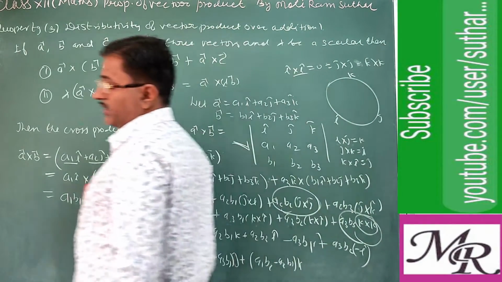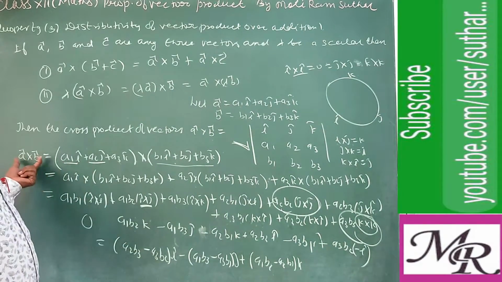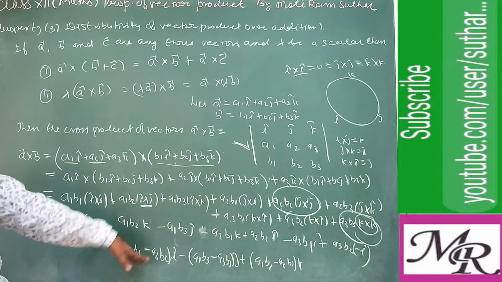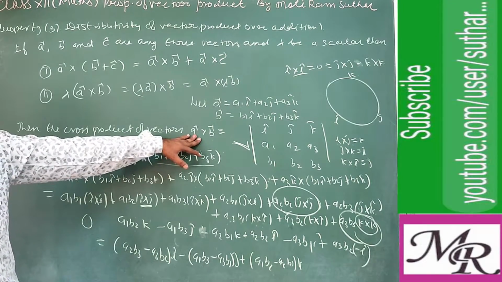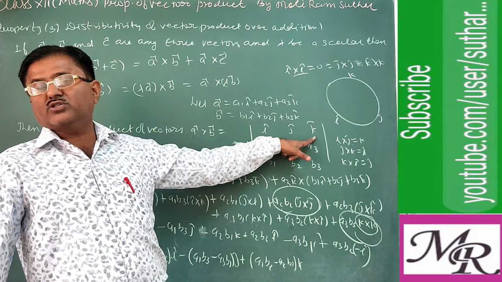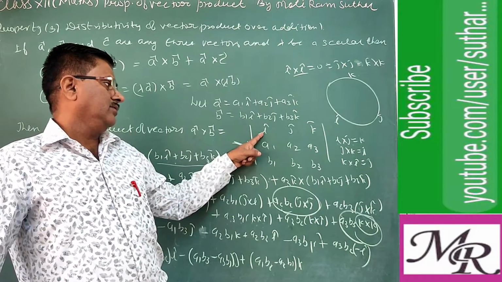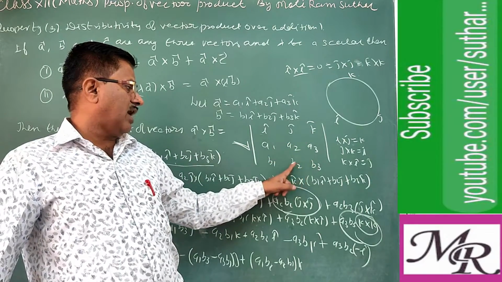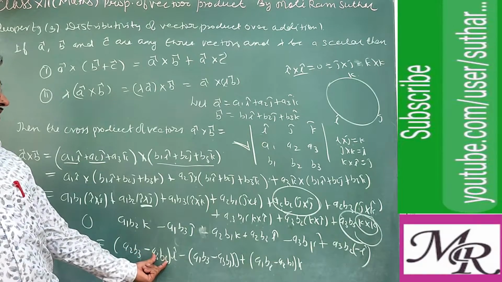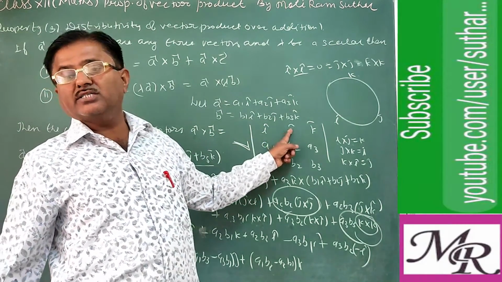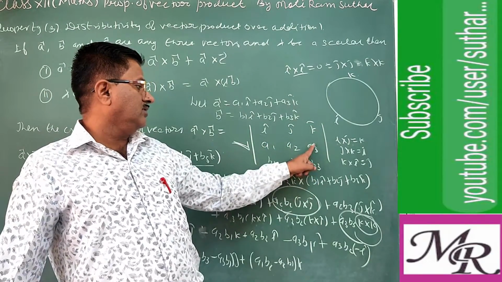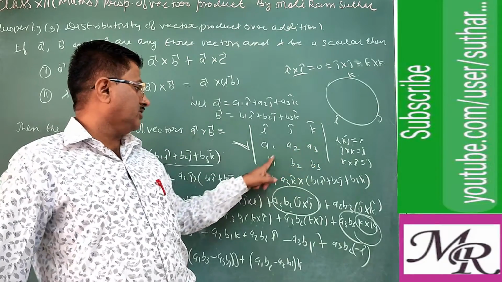So this we are multiplying by the direct method. A cross B, pointwise we have to multiply, the result will be this. Now as we have seen in the chapter of determinants, if you are expanding this determinant along the first row, then what happens? I, then A2 B3 minus A3 B2 into I. Then we have minus j into A1 B3 minus A3 B1.